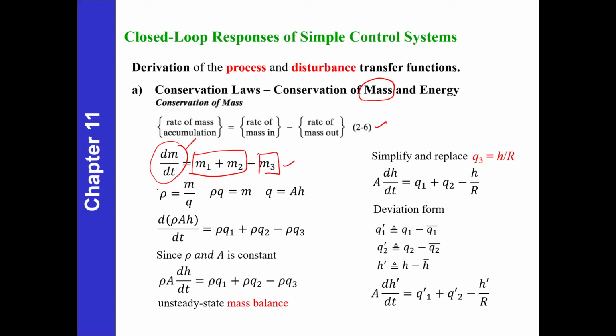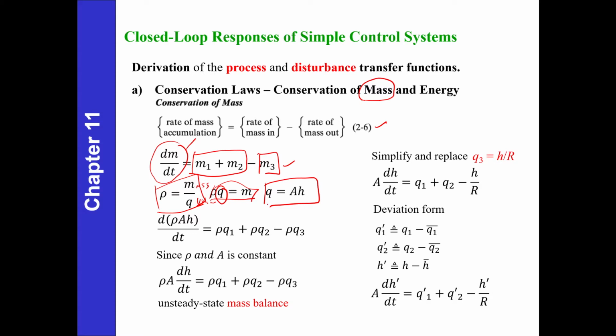And then from physics, we learn that density equals mass over volume. So mass is equal to density times volume. And for this volume, we expand further. The volume is equal to cross-sectional area times level.